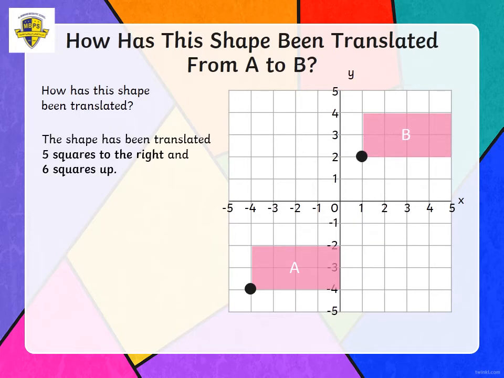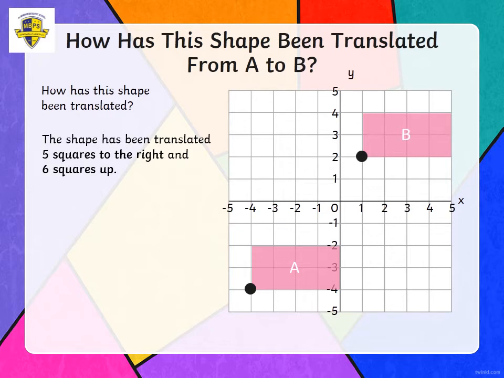So the black point again, it was on -4 on X. Now what is the X of the new one? It's 1. So from -4 to 1, how many steps? 1, 2, 3, 4, 5. So there is 5 squares.